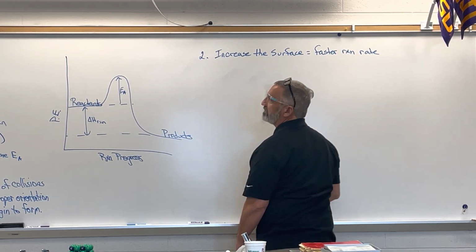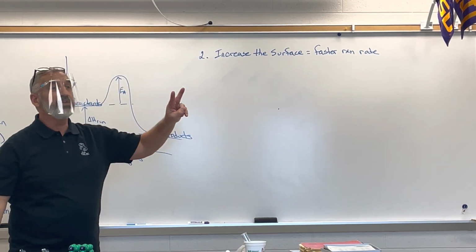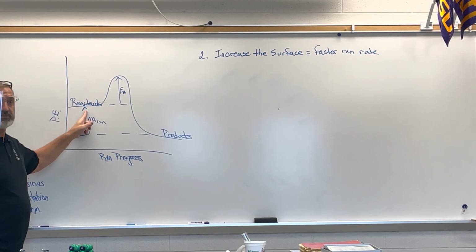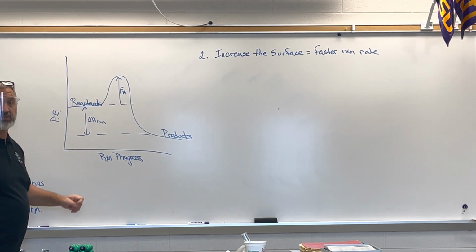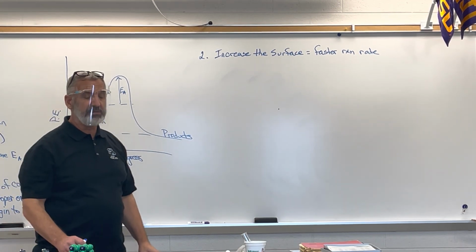Why? In terms of our two things, will the surface area affect how much energy the reactants have? So what's that have to affect? The orientation. So why will surface area increase the chance of proper orientation? There's more molecules to hit. Does that make sense? Okay, keep going with that.